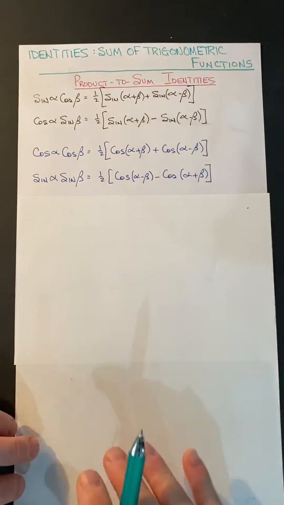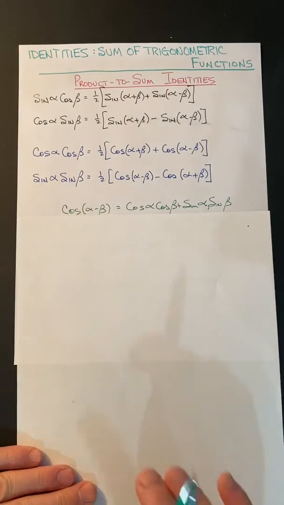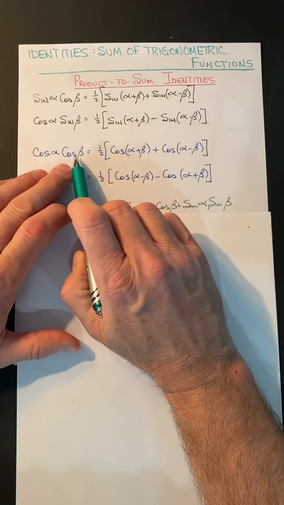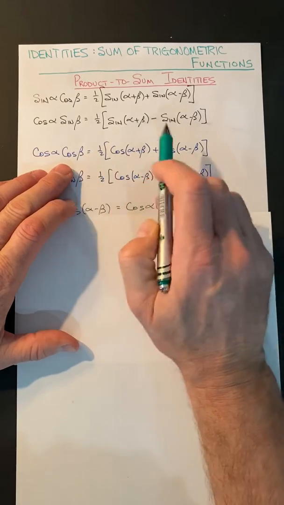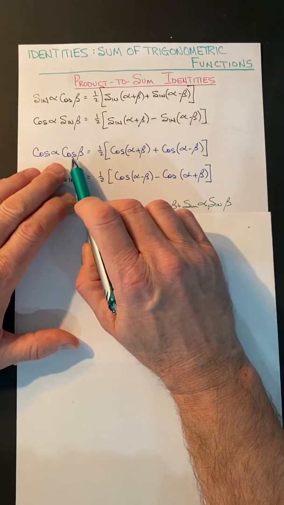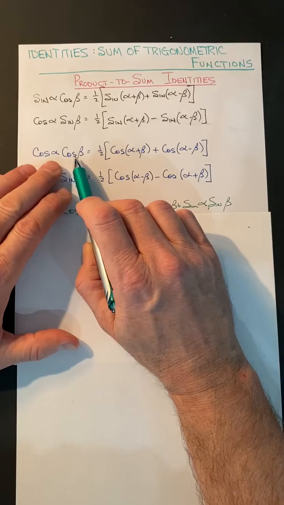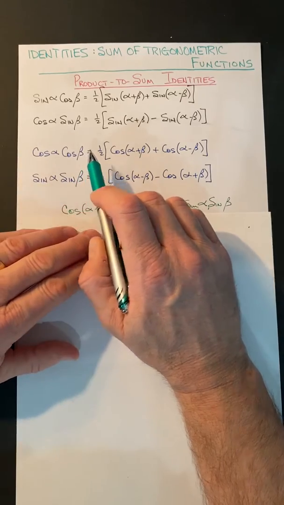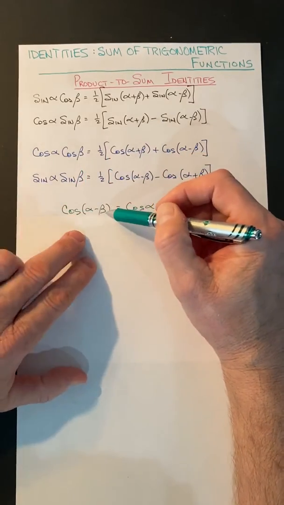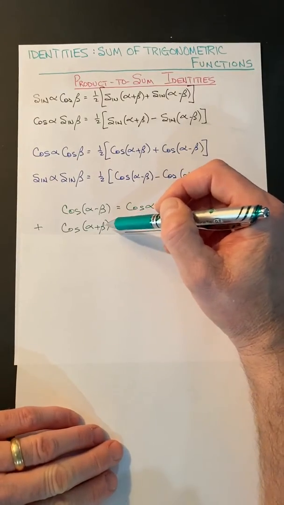So what I want to do is take this cosine alpha, cosine beta identity and show you how it was derived. And when I look at this one, the last time I worked with cosine on two angles, it happened to be where I was talking about the difference of an angle or the sum of an angle.